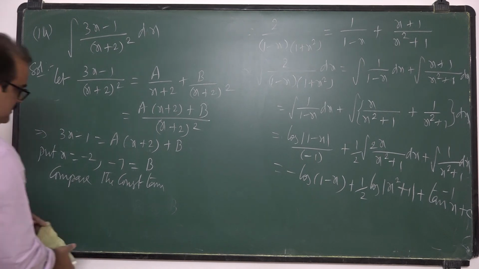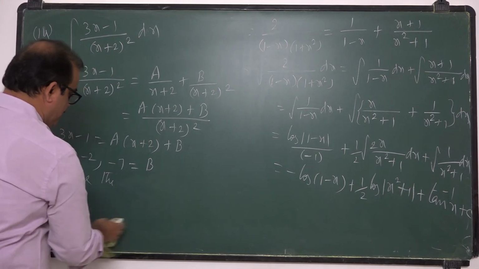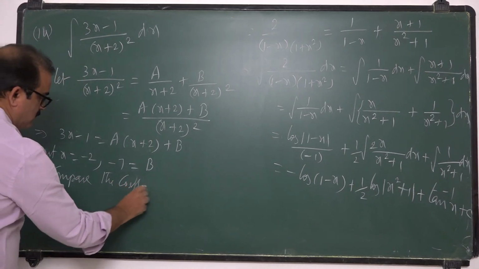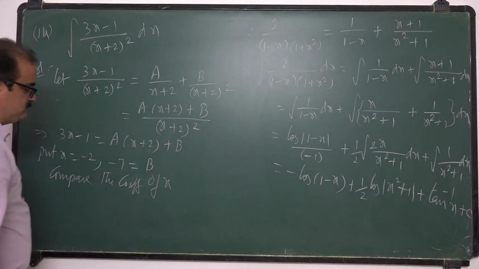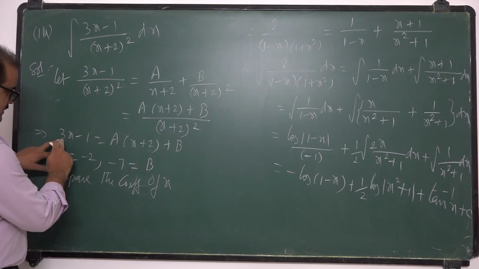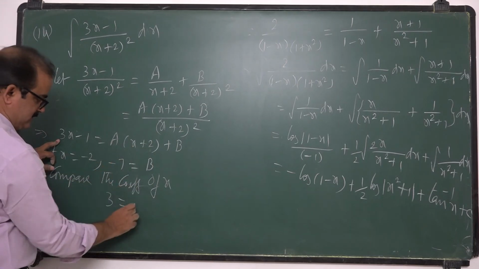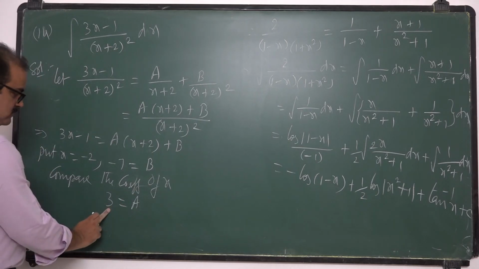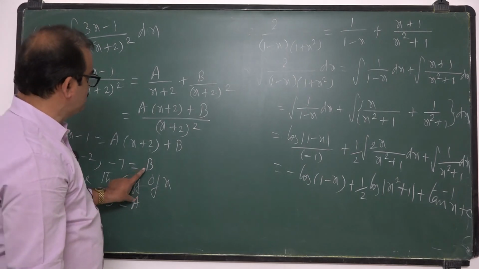You may compare the constant term also, but on comparing the x coefficient we easily find the A value. What is the x coefficient in LHS? 3. In RHS, A into x, the coefficient is A. So A is equal to 3 and B is equal to minus 7. Substitute these values here.